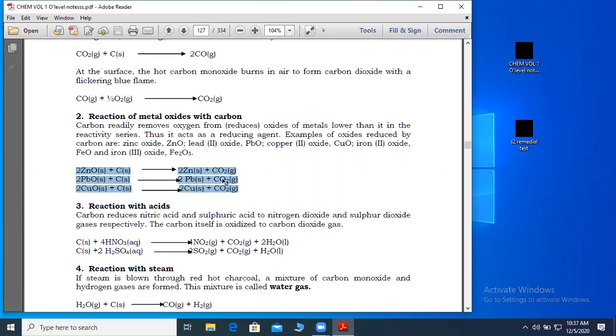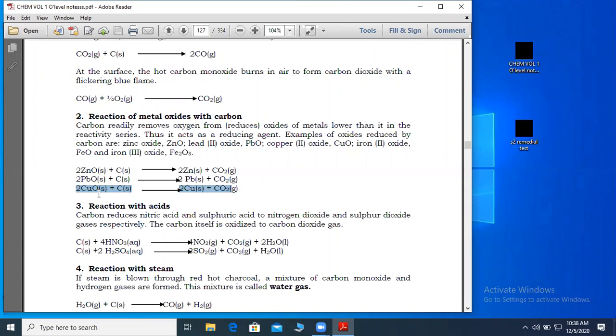So in this case, we say that carbon reduces, let me use this equation, copper 2 oxide to copper and is itself oxidized to carbon dioxide.